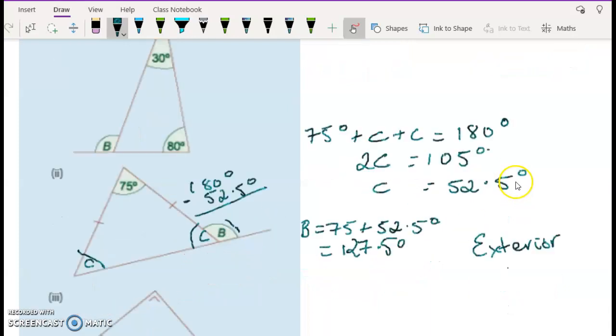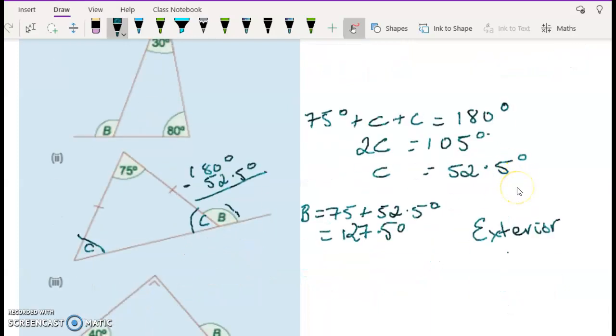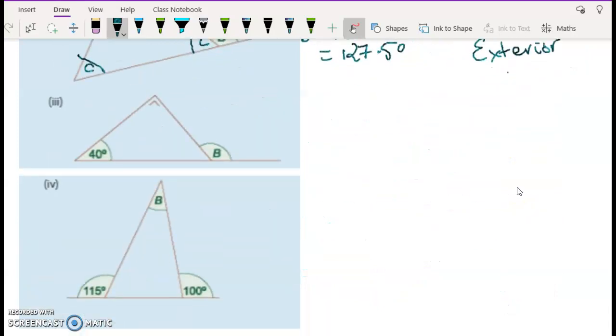Anyway, it makes no difference which rule you use as long as you show the rule. Okay, so for this one here, angle B, that's 90 degrees. So angle B is equal to 90 plus 40, which is 130 degrees.